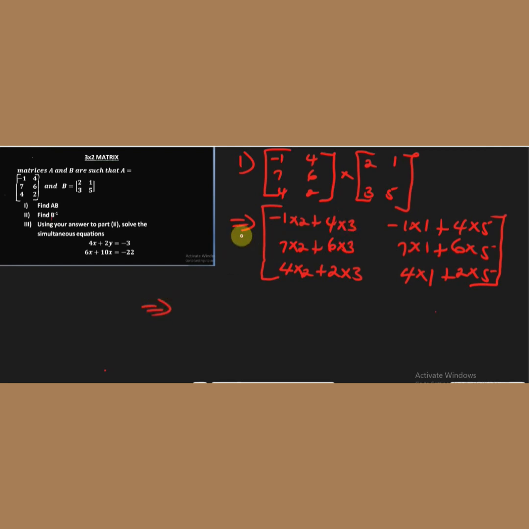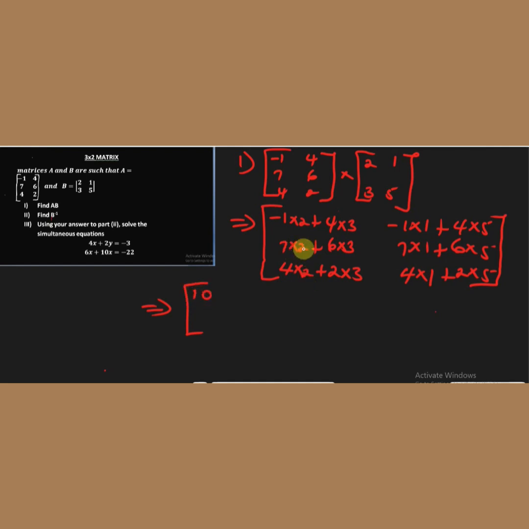So I'm going to simplify this. Minus 1 times 2 is minus 2, plus 4 times 3 is 12. So minus 2 plus 12 gives me 10. I'll write it here.